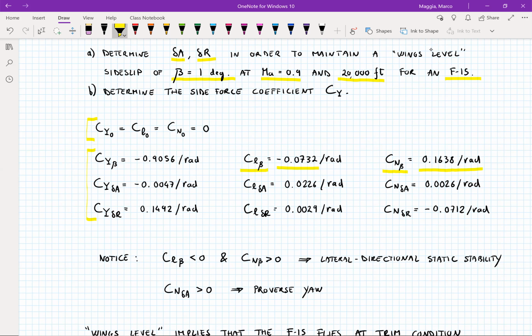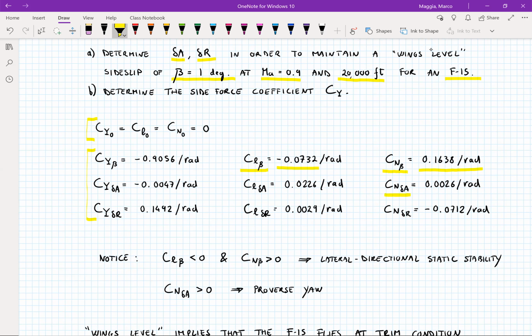Now keep in mind that these coefficients are found for that particular Mach number. And also here, the angle of attack is not specified, but I assume that the angle of attack is a small one. The other thing that I want to take a look at is Cn delta A, which gives us an idea, when the ailerons are applied, whether we have an adverse or a proverse yaw.